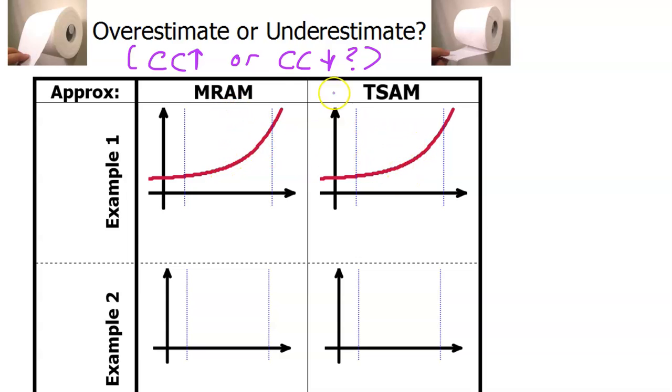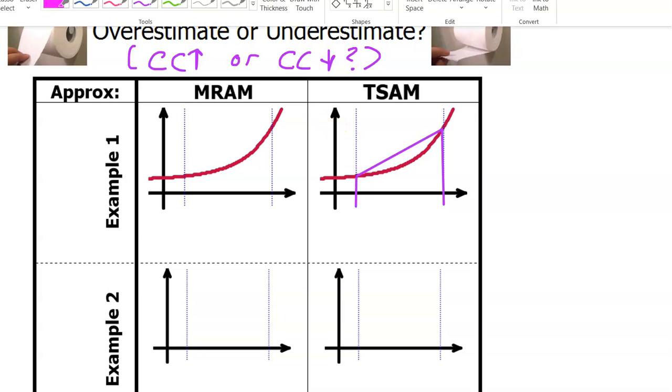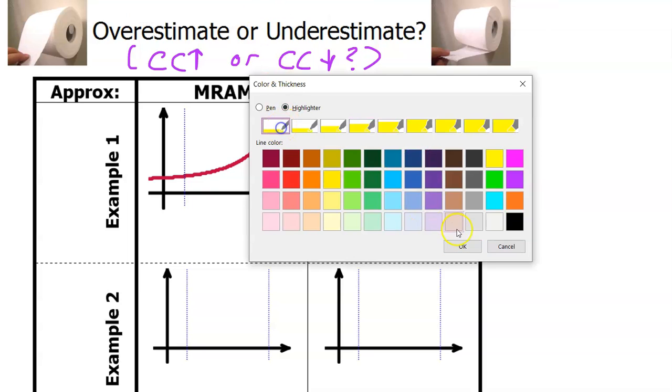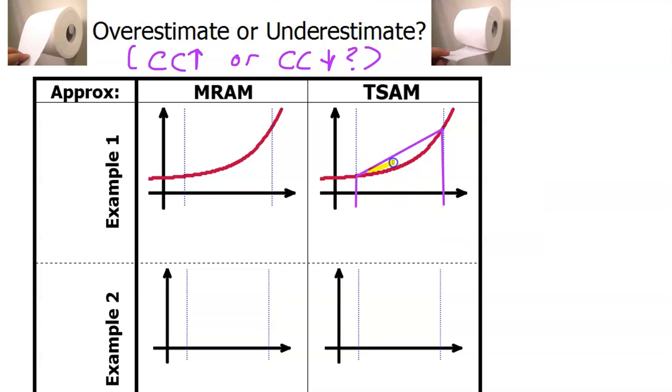So let's do TSAM. The T stands for trapezoid. So let's draw ourselves a trapezoid. Okay, trapezoid, come in. Okay, and connect the tops. So you can see that in this case, we're getting an overestimate because the trapezoid is including all of this extra area that's not under the curve.